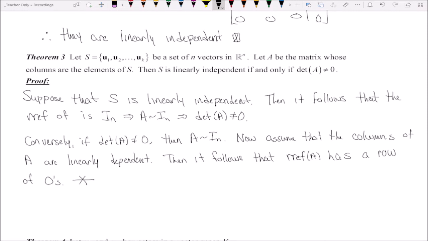This contradicts the fact that A is row equivalent to the identity matrix. Therefore, S must be linearly independent. Right? Because if it was linearly dependent, we reach the contradiction. This proves both directions, so the proof is complete.